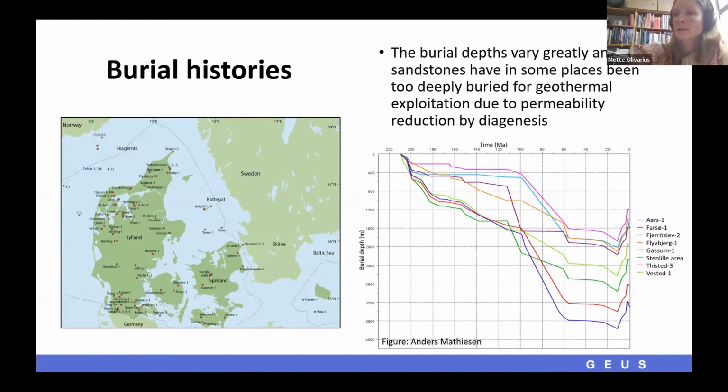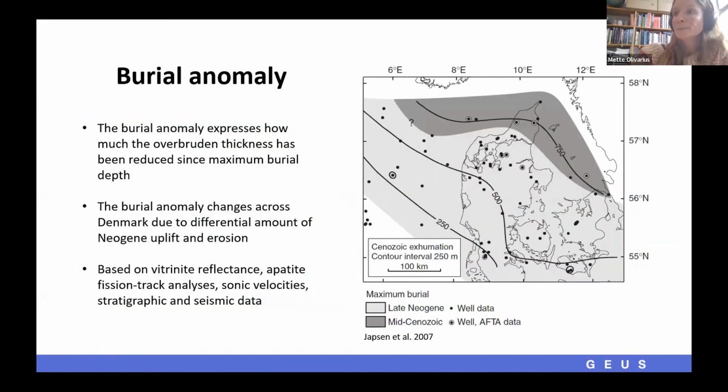So that can really damage a reservoir totally. So the present-day burial depth of a sandstone is not enough to know. You also need to know if it has been buried at higher temperatures back in time, because that can really have affected the reservoir properties.